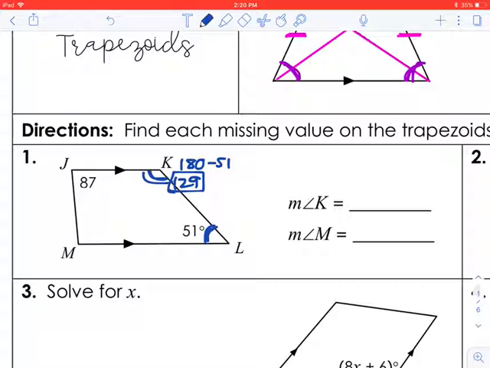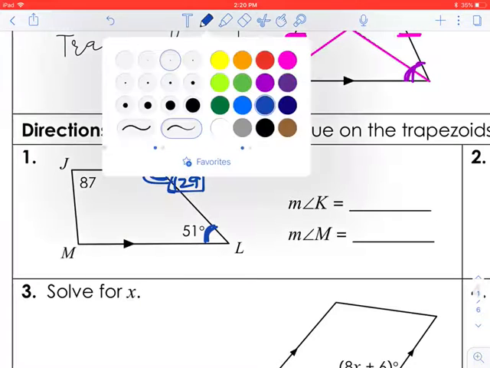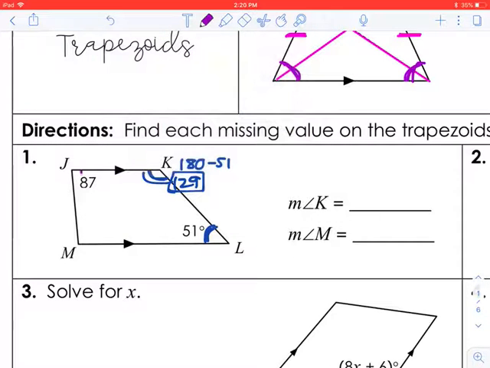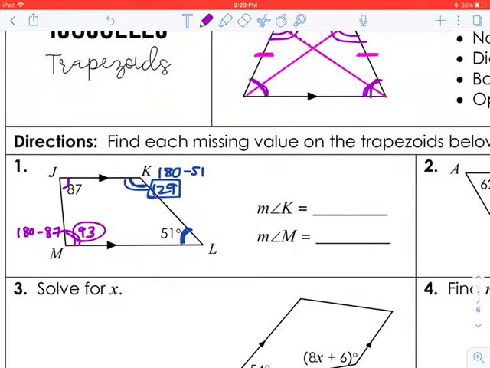And same thing over here. This is 87, so this one is 180 minus 87, which is going to be 93. Okay, so angle M is 93, angle K is 129, and we're done.